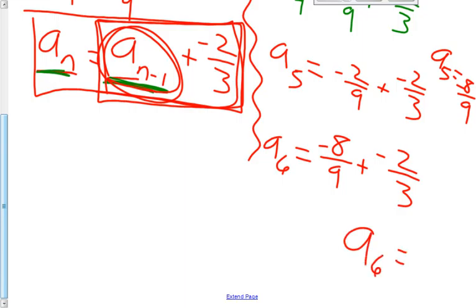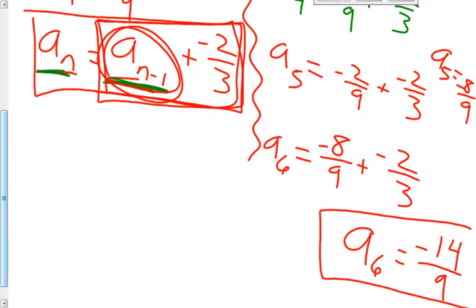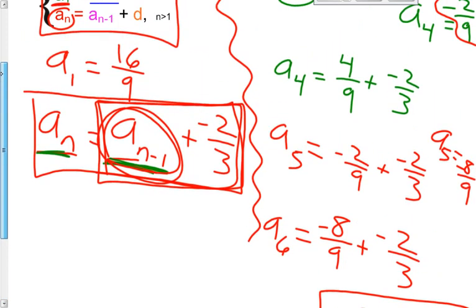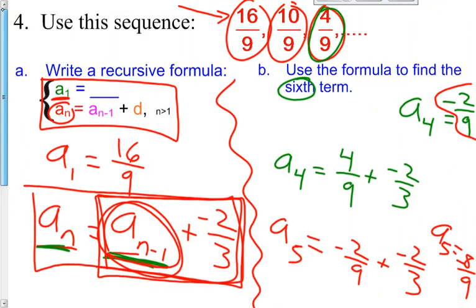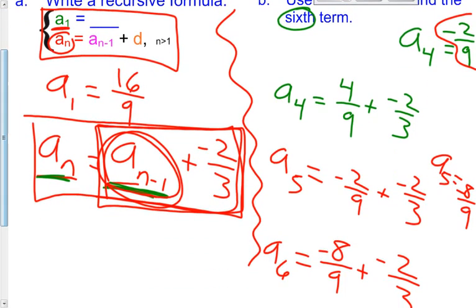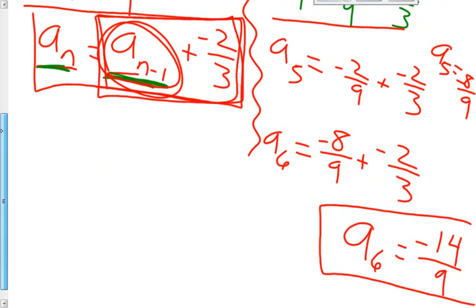A negative 8 ninths plus a negative 2/3, and that's going to be a negative 14 ninths. So this is how I expect you to show your work on our worksheets and on our test, okay? You have the third term, so next find the fourth right here. Next, find the 5th right here. Finally, find the 6th right here. Make sure you show your work in such a way like that.